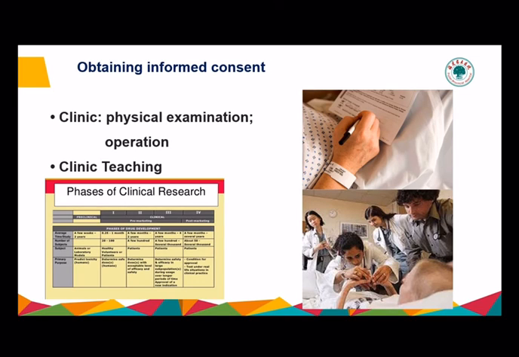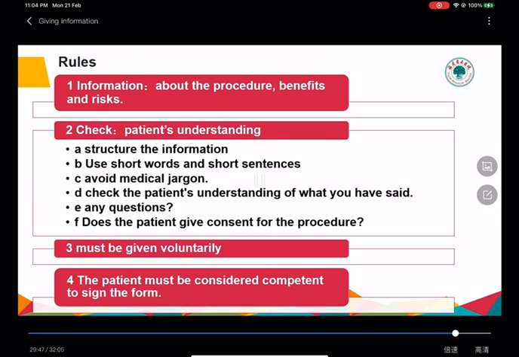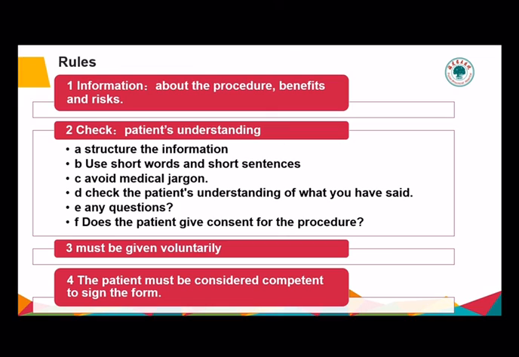We have to obtain informed consent. There are some rules for us. An informed consent has to include some information about the procedure, benefits, and the risks. And we have to check the patient's understanding.